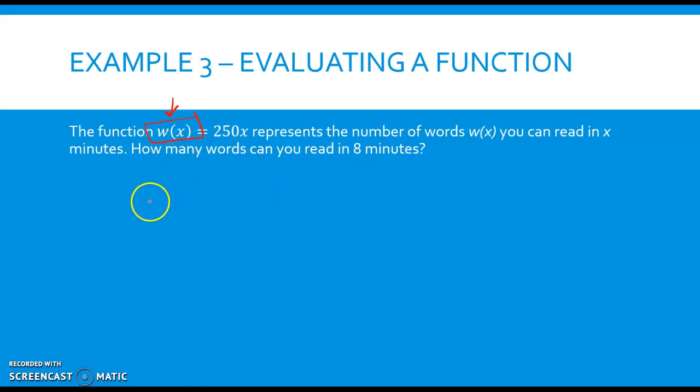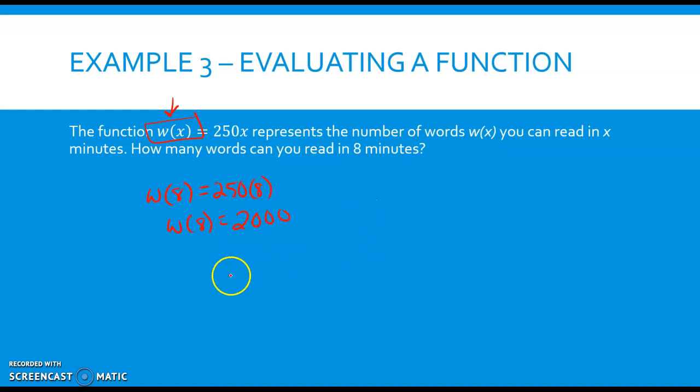What this does allow us to do is, when we write w, instead of just writing y, I'm replacing x with 8. So w of 8, my function at 8, is 250 times 8. And so then w of 8 equals 250 times 8, which evidently my brain just stopped on me. 2,000 is our answer there.